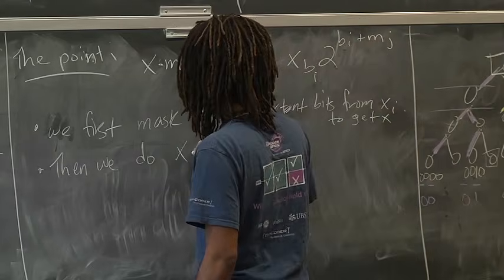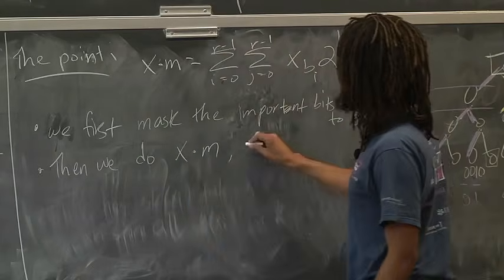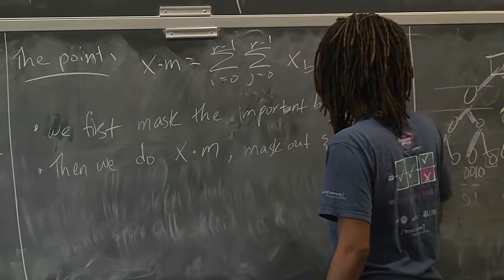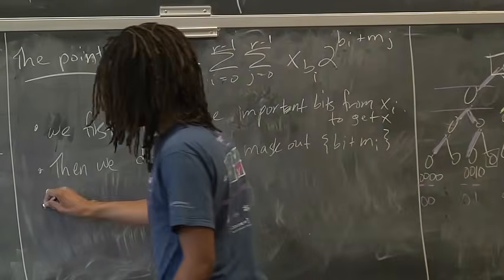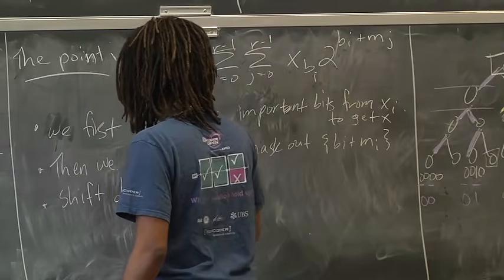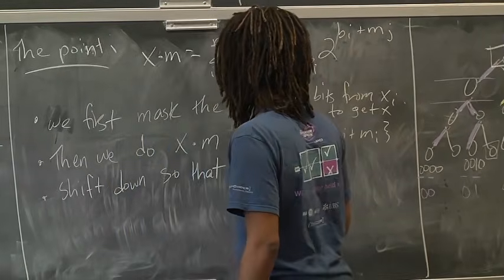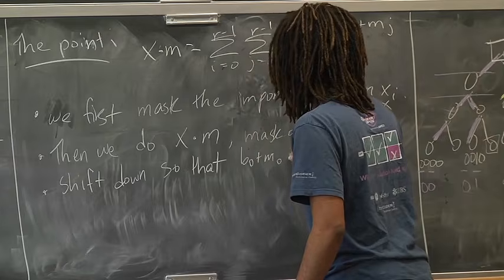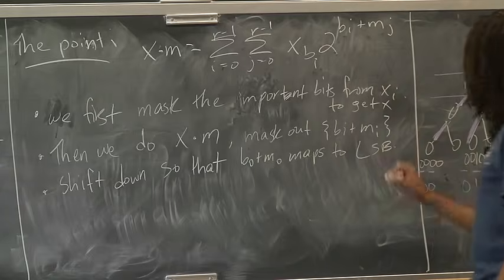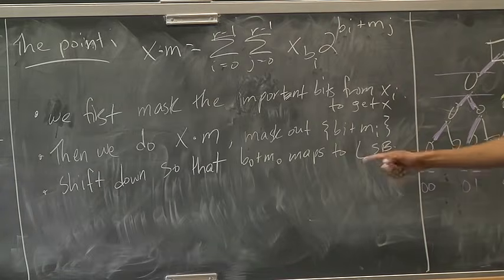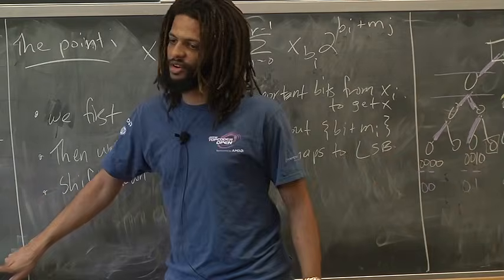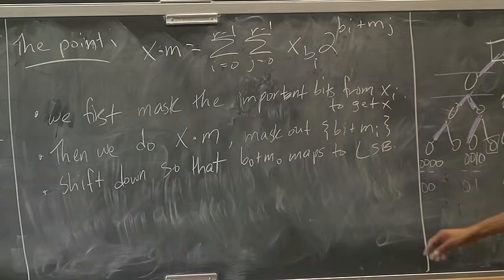Then we do x times m, and then we mask out the bits bi plus mi. And then now we shift down so that b0 plus m0 maps to bit 0, to the least significant bit. So we're going to shift down by b0 plus m0 at the end. And then this thing tells us that now it fits in R to the 4th bits. OK, so let's prove the lemma.